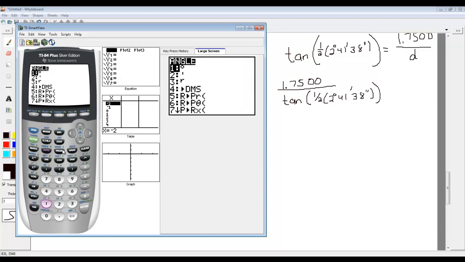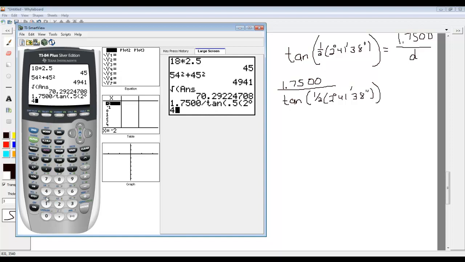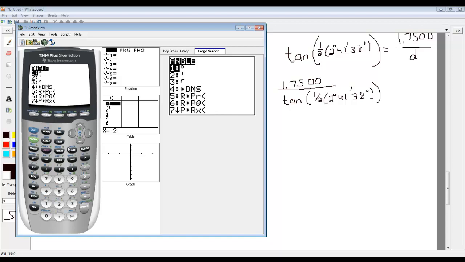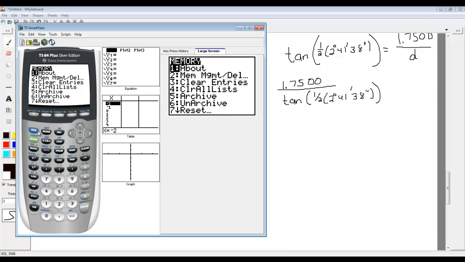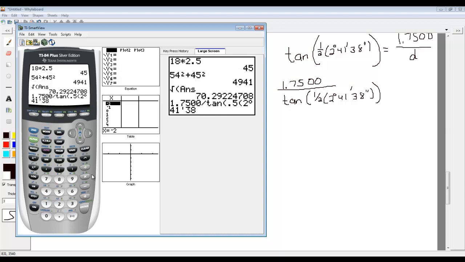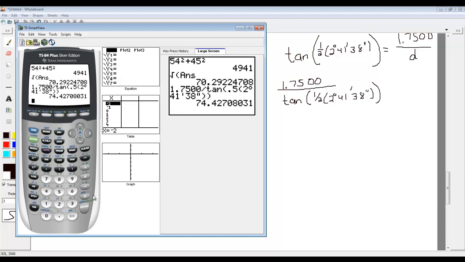Might as well use the calculator symbols. Sorry, trying to see seconds here. My eyes are not focusing very well. Alright, so hit enter, and there we go.